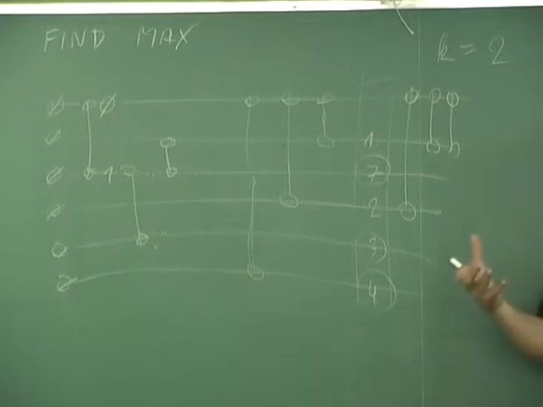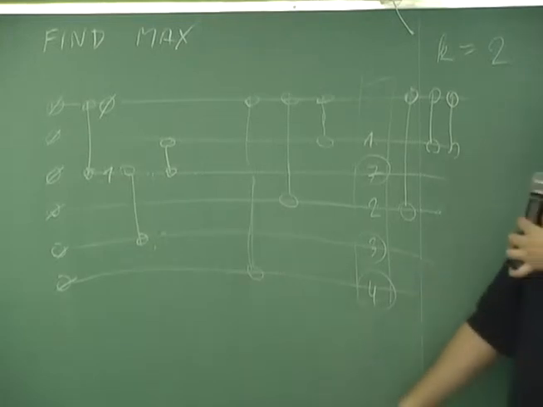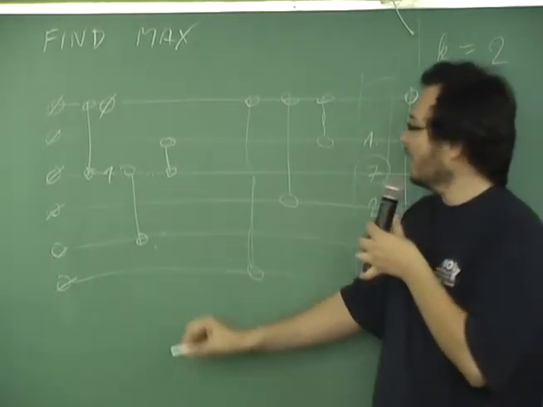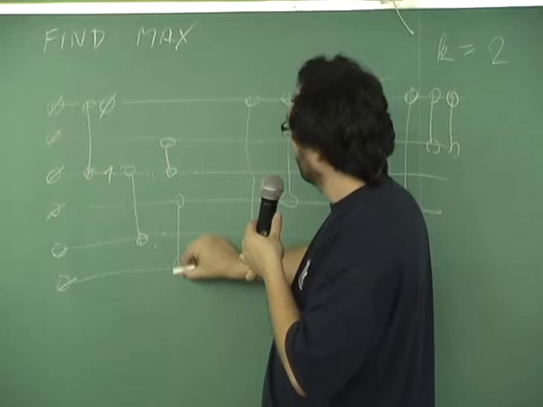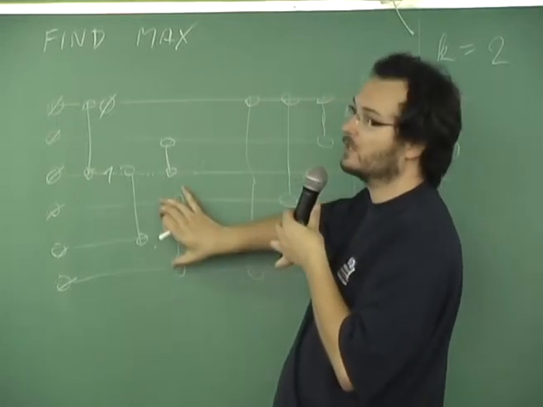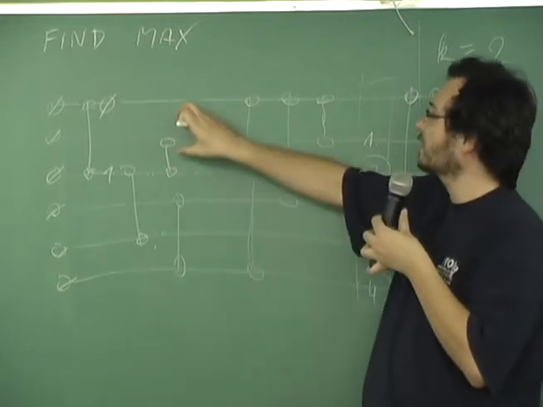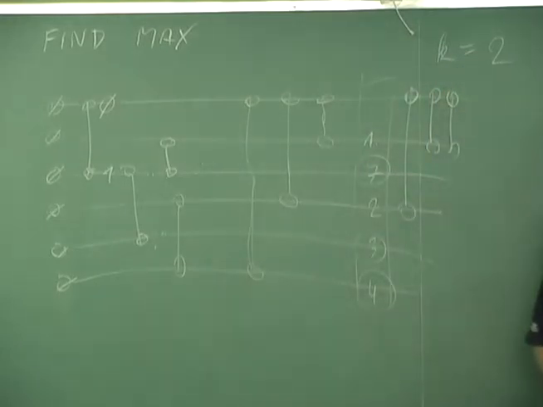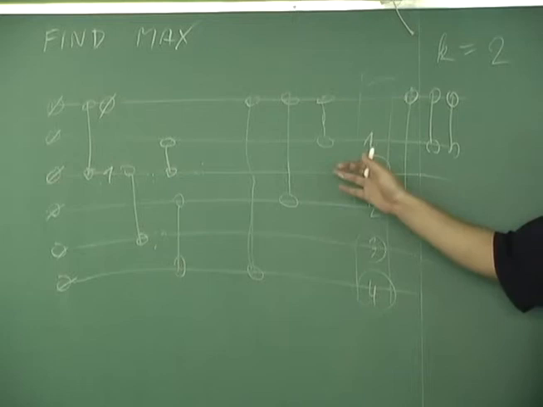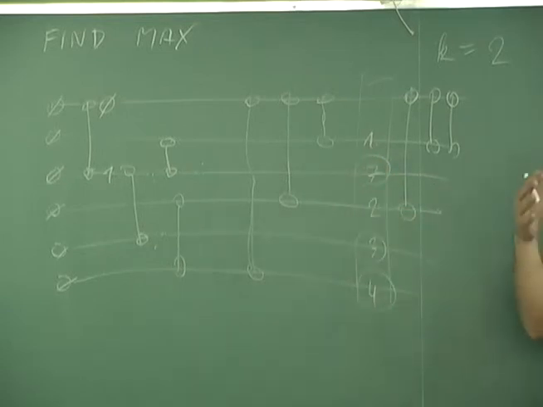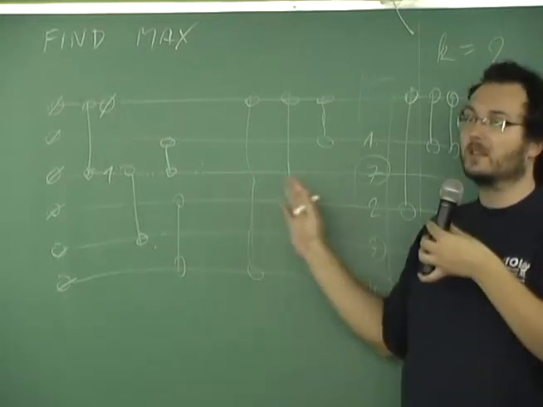And moreover, this algorithm is very easy to do in parallel because if you have comparators that use disjoint wires, you can do these comparisons and necessary swaps at the same time. So there are sorting networks known already that have just logarithmic depth.